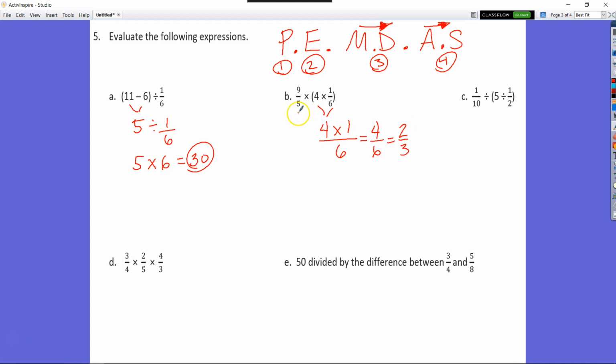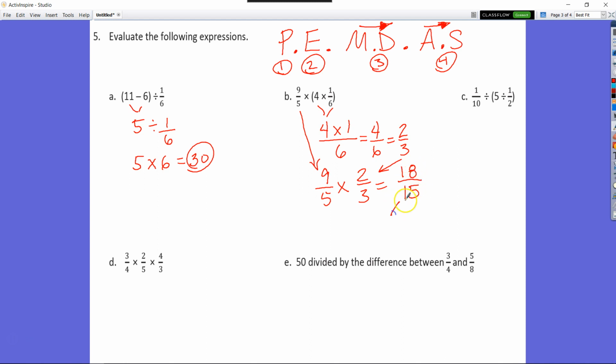Then I have 2/3 times 9/5. This is coming all the way down here, and this is coming there. I have 2 times 9, and I have 5 times 3, and that is equal to 18/15.